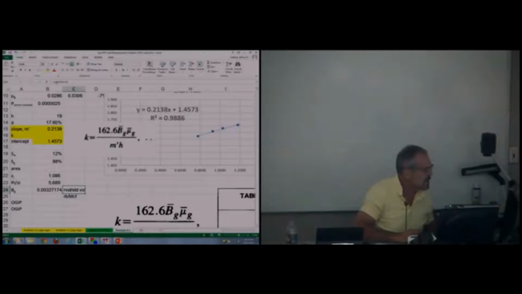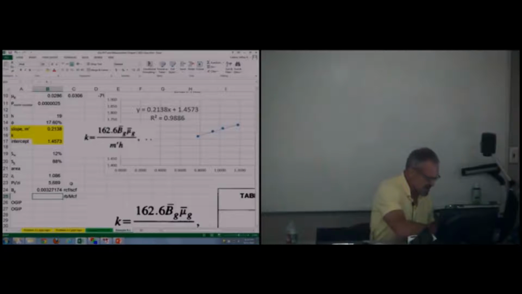So I'm going to call that reservoir cubic feet per standard cubic feet. That's what I just calculated. But now I want to convert my number to their units. I've got to divide by 5.6.